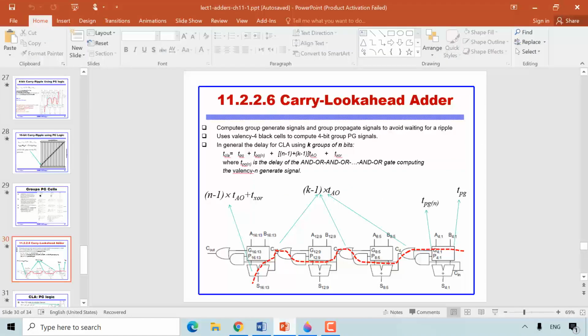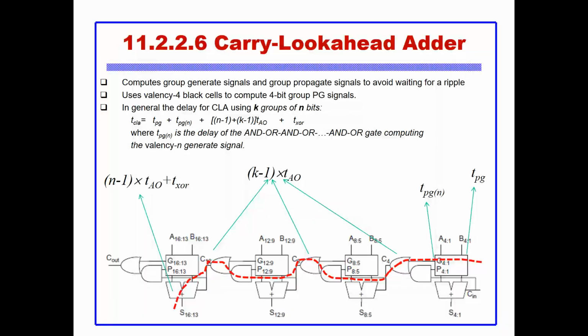Going back to the lecture, here we are adding 16 bits. A goes from A1 all the way to A16, and we add it to B from B1 all the way to B16. The concept is the following. Here n equals 16.